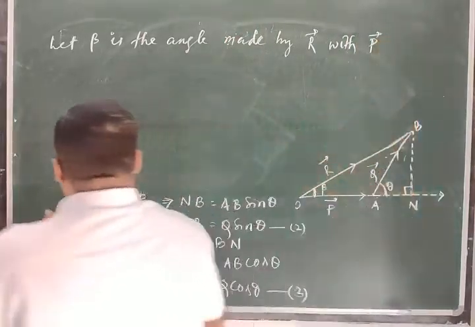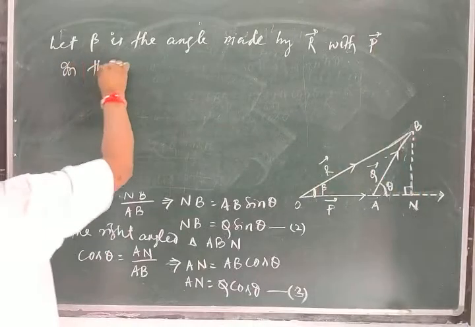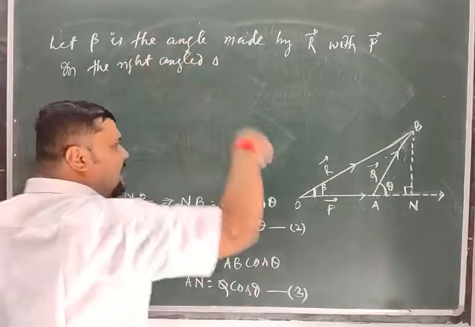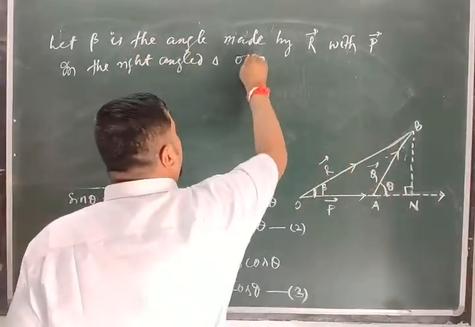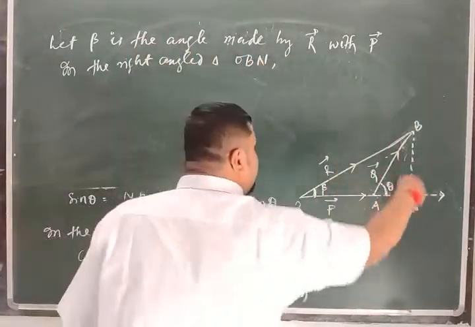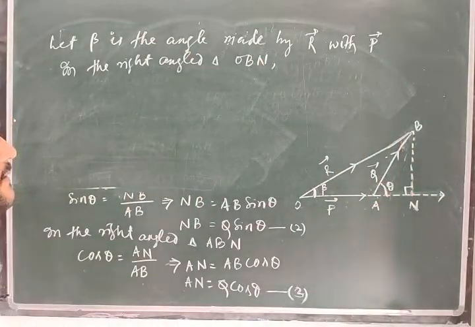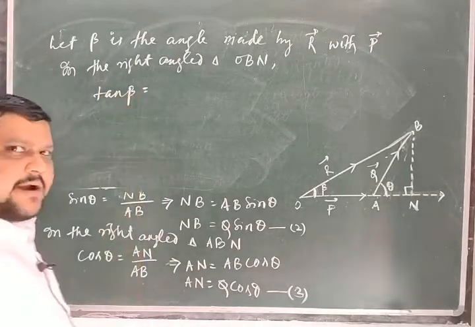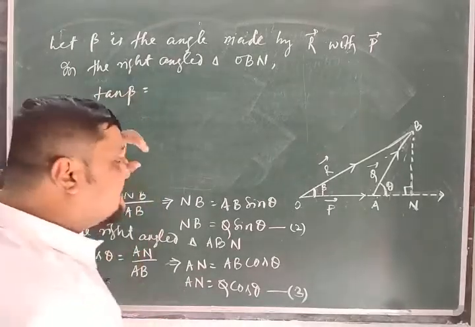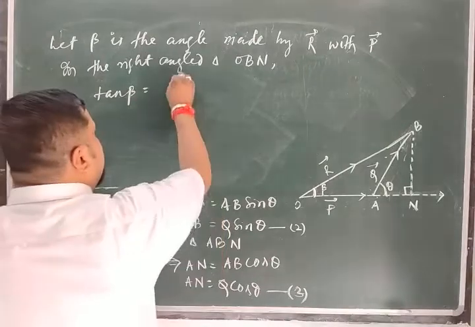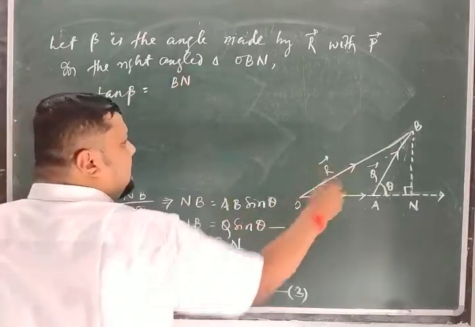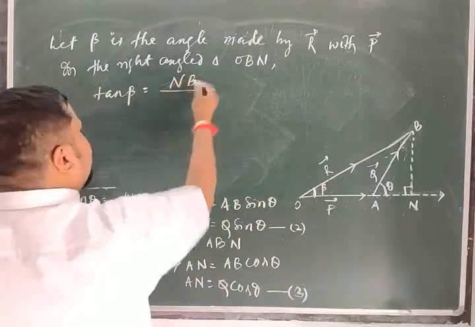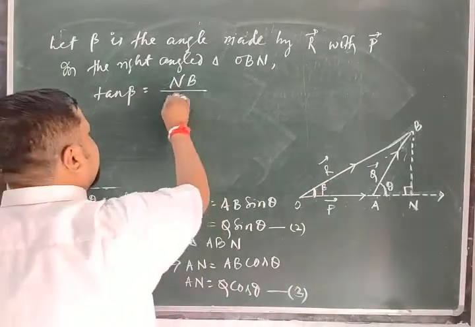In the right angle triangle OBN, what is tan beta? I want to know about beta, what beta angle, then I can show what is the direction. Tan beta is equal to BN or NB divided by ON.